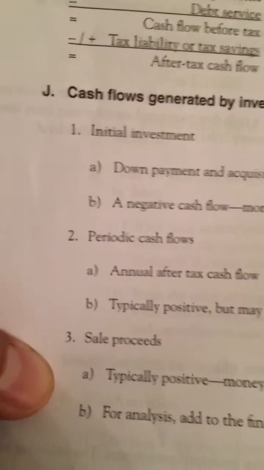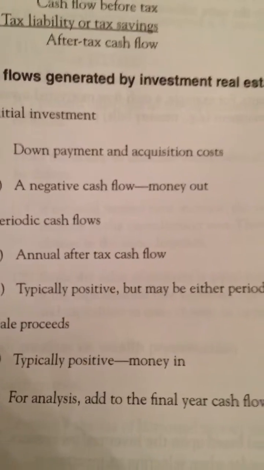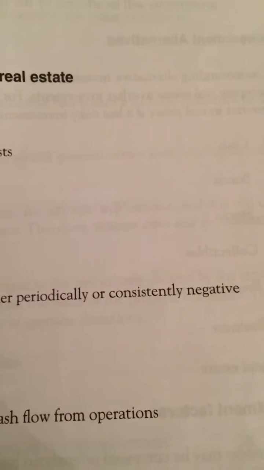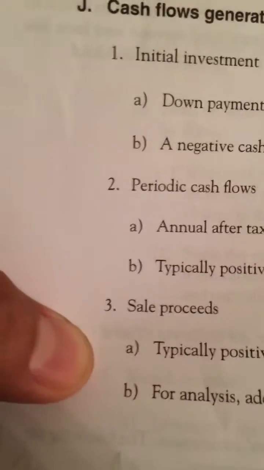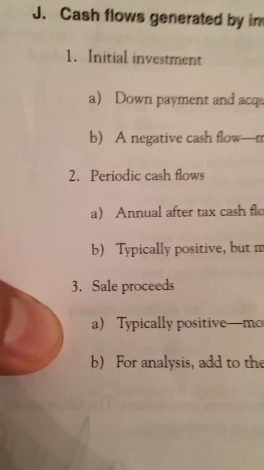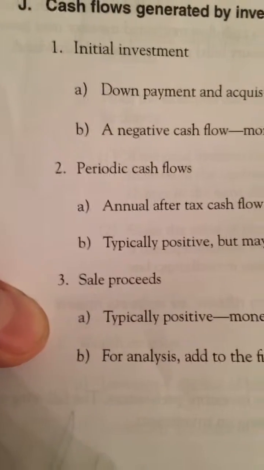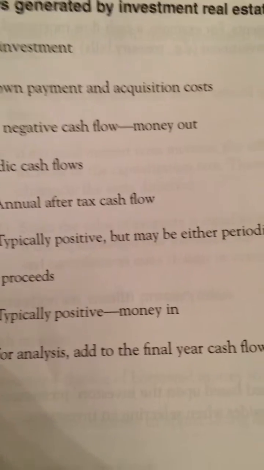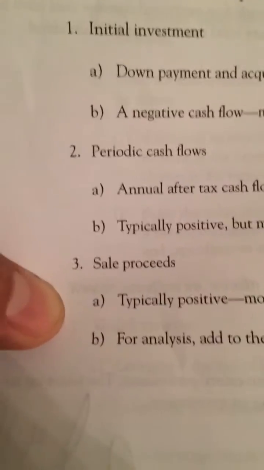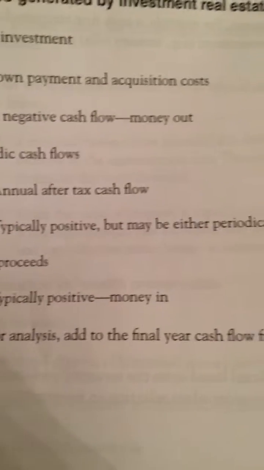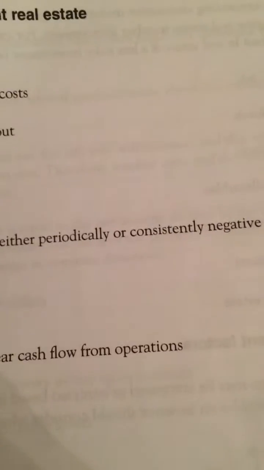B. Typically positive, but may be either periodically or consistently negative. 3. Sale proceeds. A. Typically positive, money in. B. For analysis, add to the final year cash flow from operations.